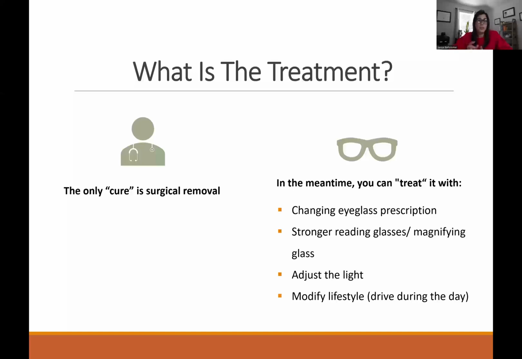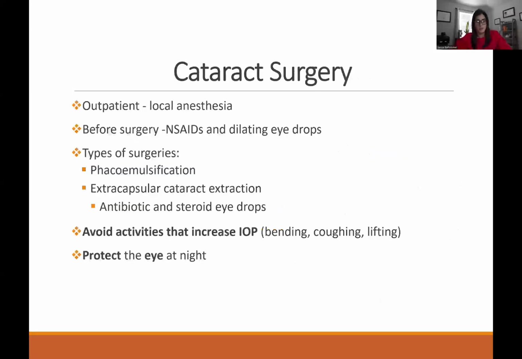You can adjust the light. Instead of driving at night where everything is dark and that glare and blurriness is worse, you can drive during the day. But really here, the cure or the treatment of choice will be cataract surgery.